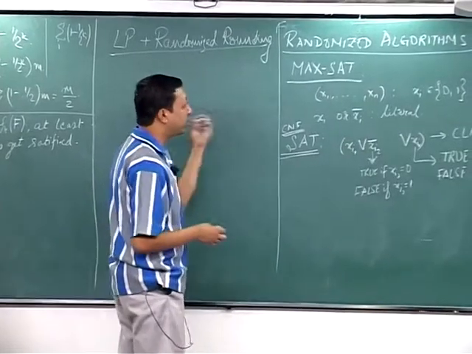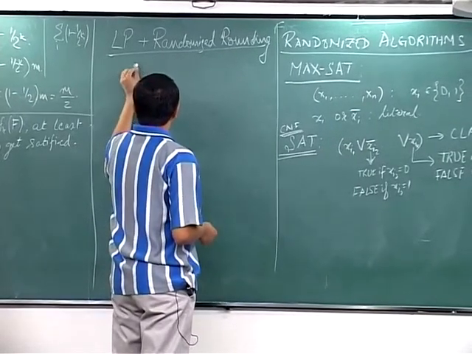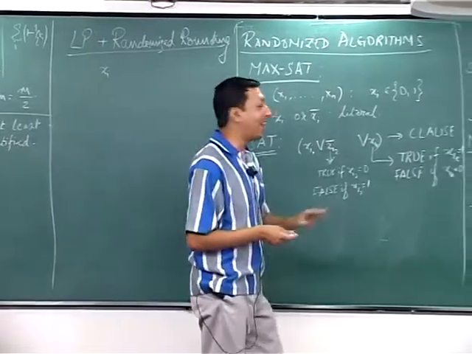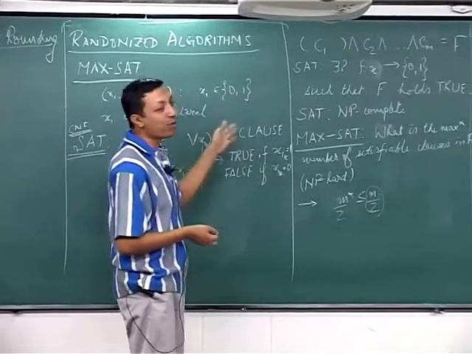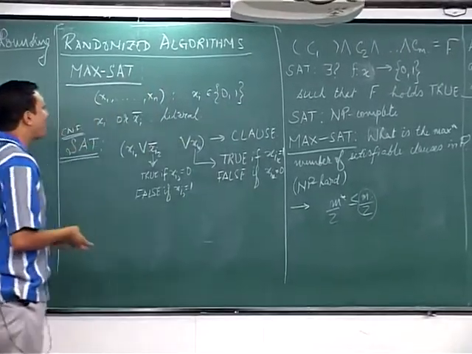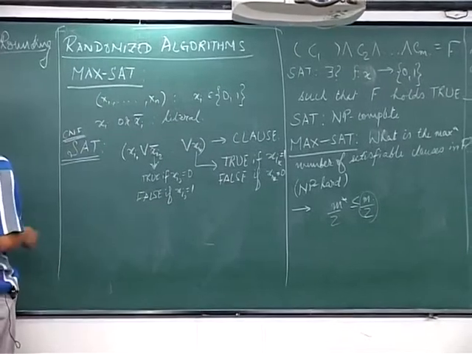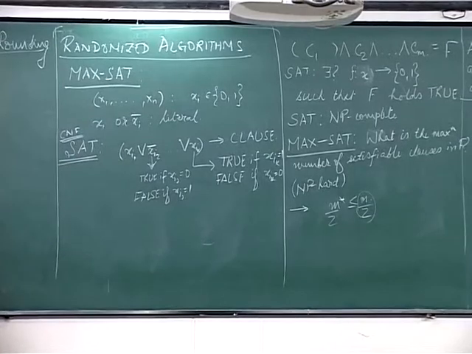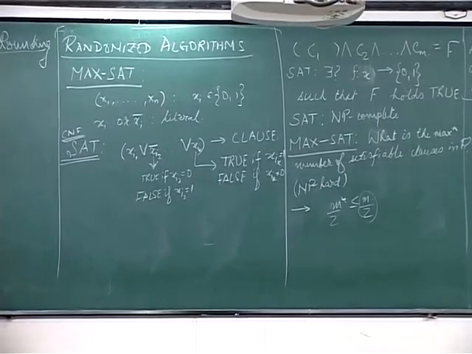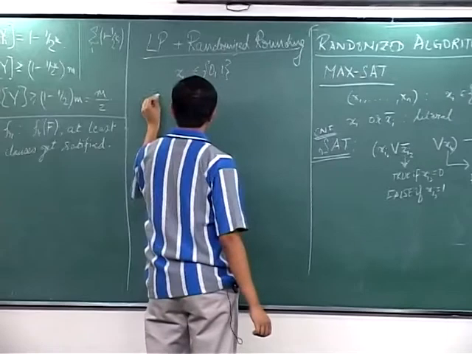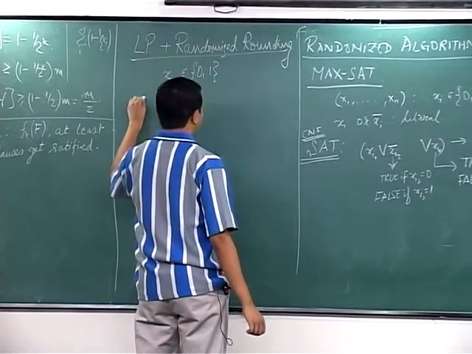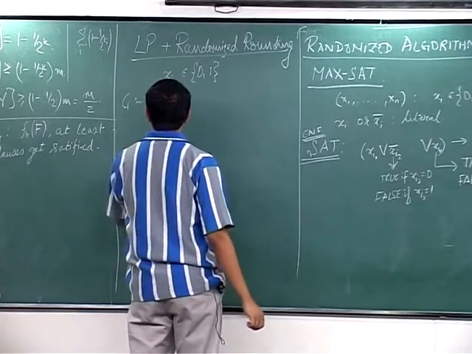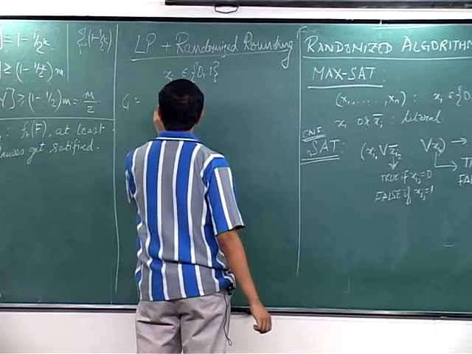One idea is as follows. You have these xi's, and actually I should have said true or false, but I made it slightly easier: it's 0 or 1. So here it's again 0 or 1, and for every clause, this clause will go to something like a summation.